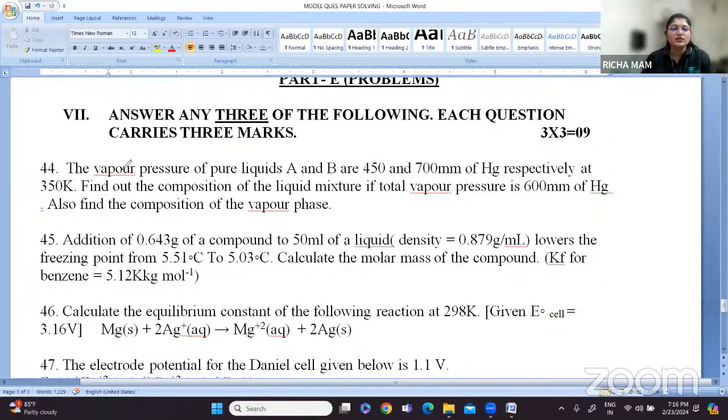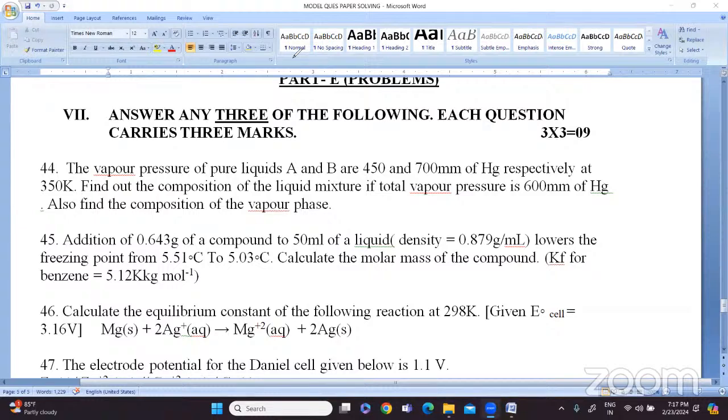44th question. The vapor pressure of pure liquids A and B are 450 and 700 mm of Hg respectively at 350 Kelvin. Find out the composition of the liquid mixture if the total vapor pressure is 600 mm of Hg.